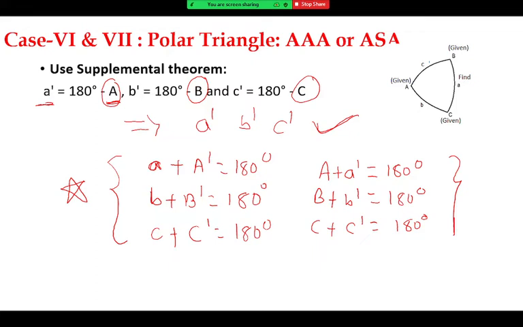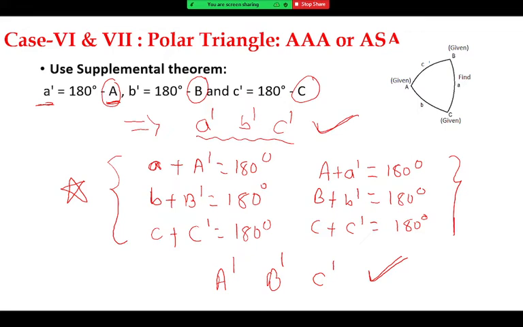For using a sine rule, we should have at least one pair of a side and its opposite angle. So either we use a cosine rule or Haversine, but I generally prefer the cosine rule, and we can solve that problem. So what is the meaning of that? With the help of these sides of the polar triangle A dash, B dash, C dash, we can easily calculate capital A dash, capital B dash and capital C dash, which are by the cosine rule.